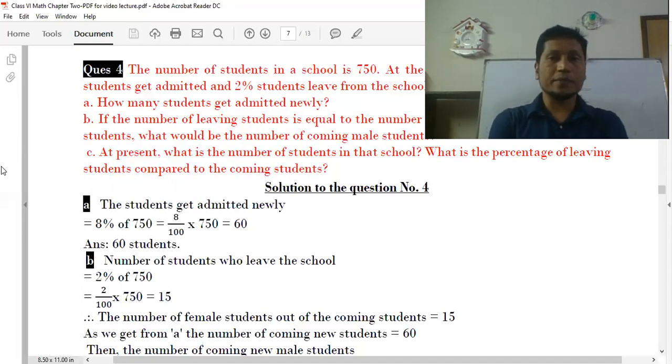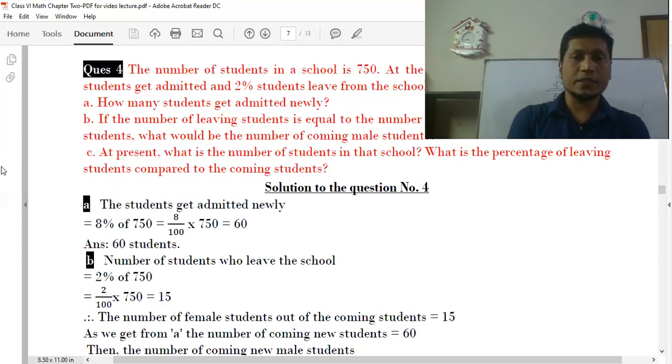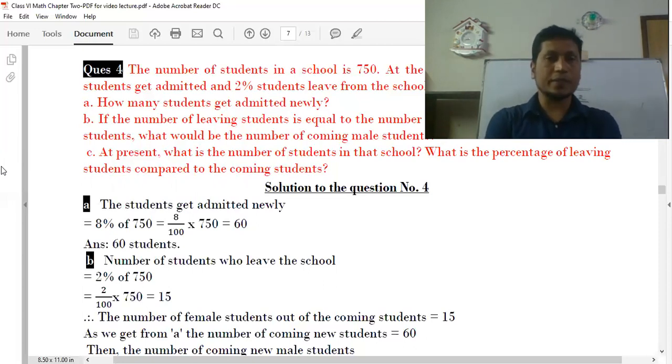What would be the number of coming male students? If you know the female students, we will be able to know the male students also. Part C says at present, what is the number of students in that school? We have to find out the present students in part C. And what is the percentage of leaving students compared to the coming students? If we know the coming students and the leaving students, then we can find their ratio very easily. So let us start this math.